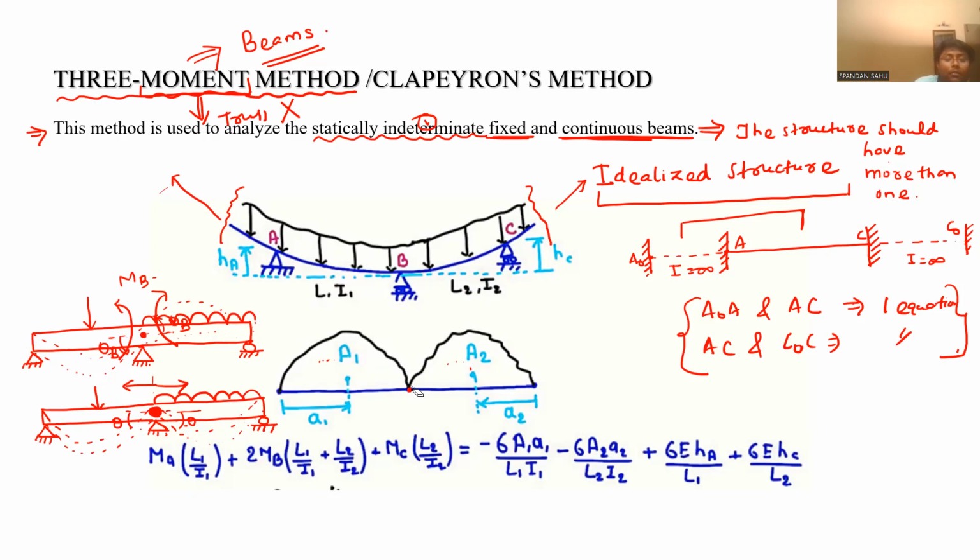Because we have assumed that there is a hinge, and the hinge cannot transfer moment. So you got now how the mechanics behind those concepts evolved with time. Now, once this part is done, you have formulated the M by EI diagram.